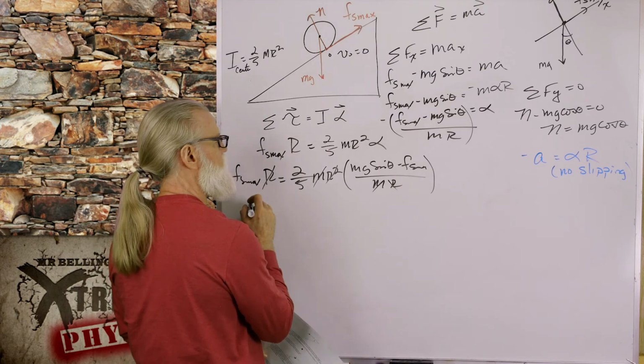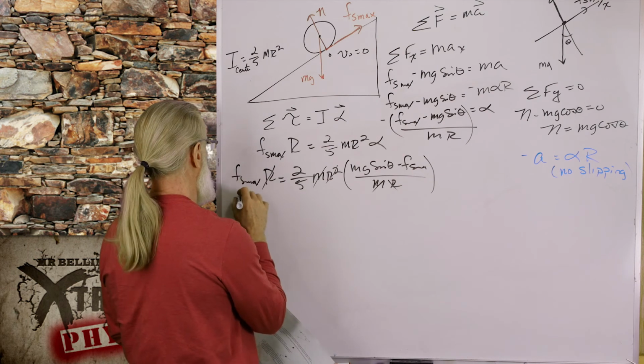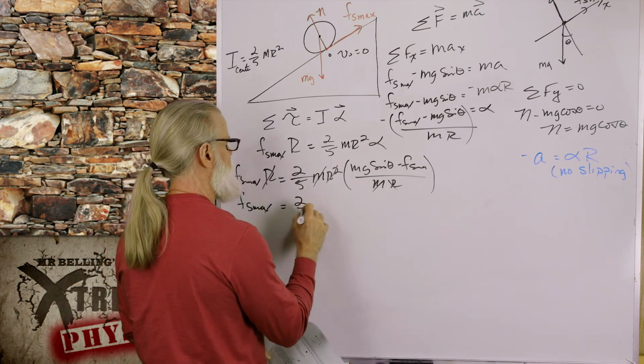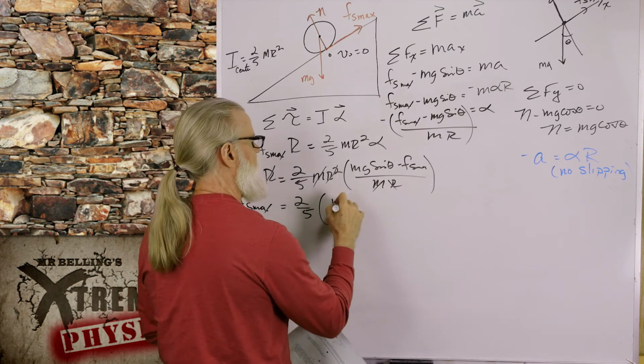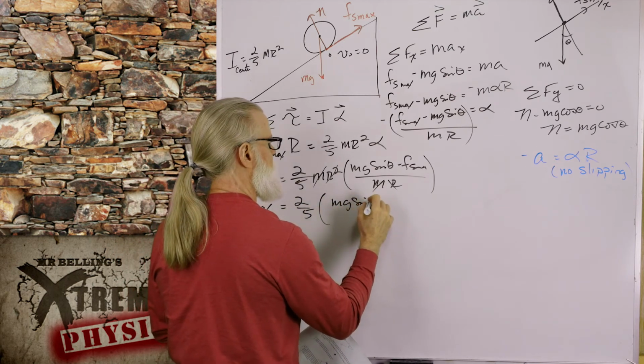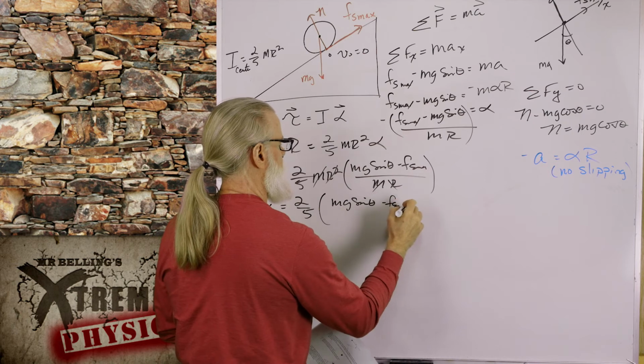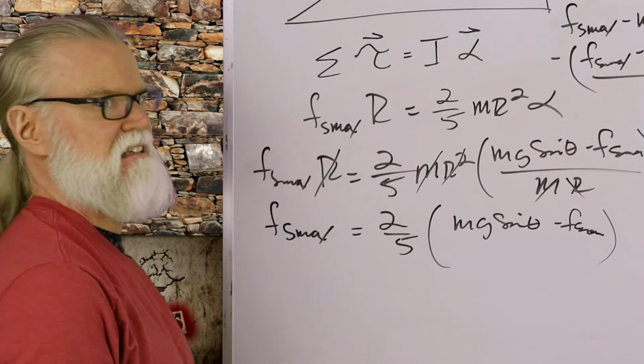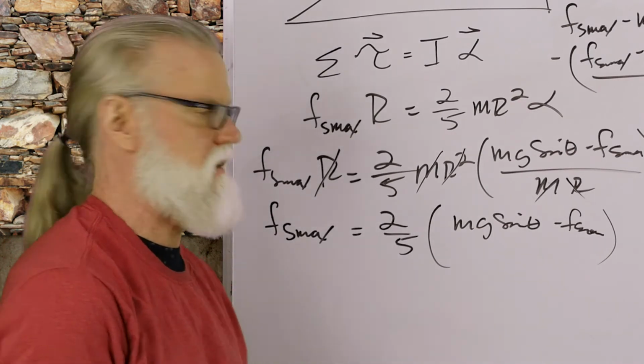All right, so let's see what we got. Fs max equals 2/5 mg sine of theta minus Fs max. That's Fs max, I know it doesn't look like it, but it is. Trust me.